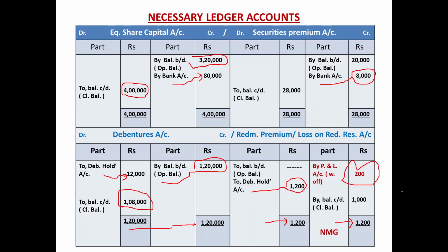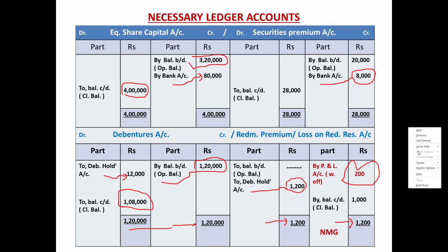What does it mean? It means during the current year, out of this 1200, the redemption premium paid on the redemption of debenture, company has already written off rupees 200 to profit and loss account.